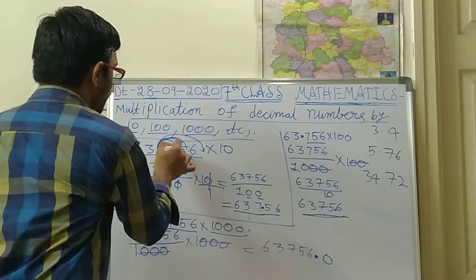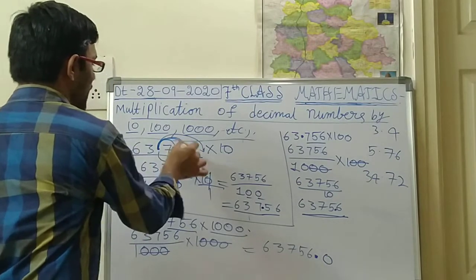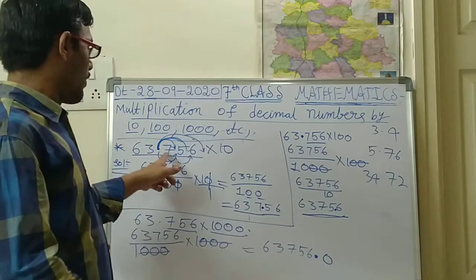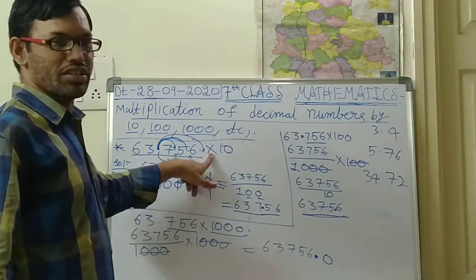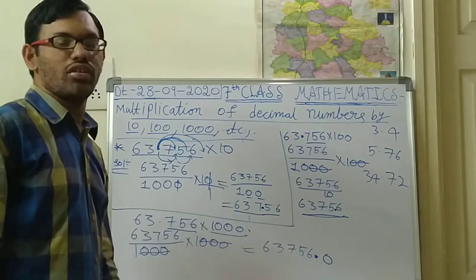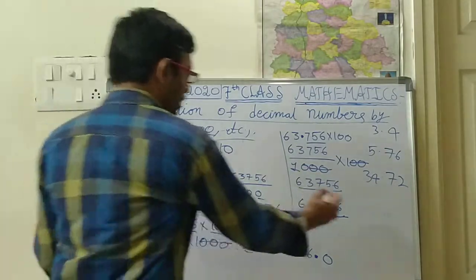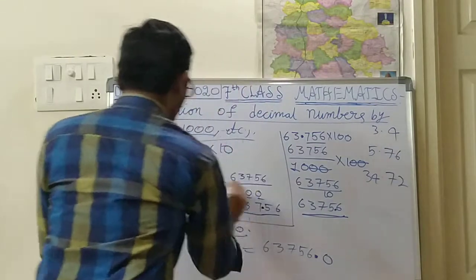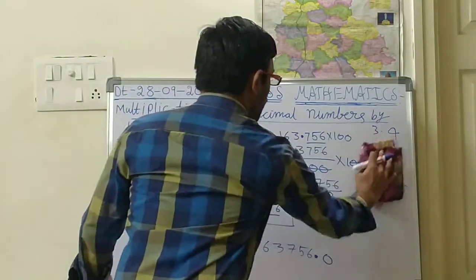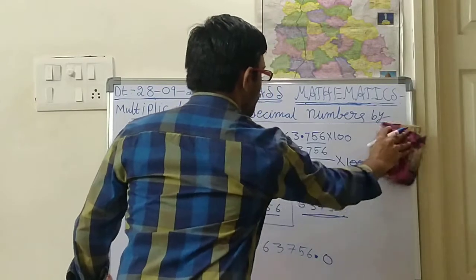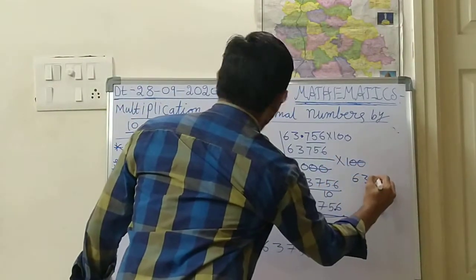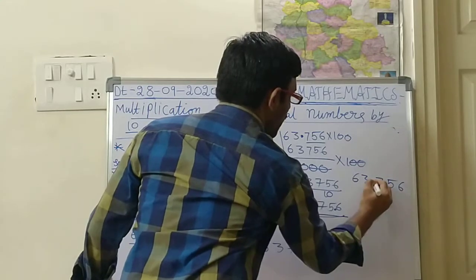The decimal is moving towards the right side, first place, second place, third place. So this type of change you will be observing. See children, I am writing all these results here. 63.756.